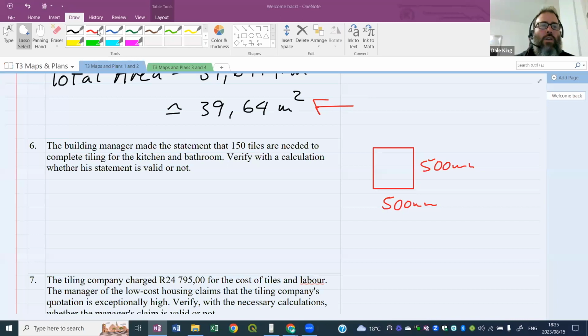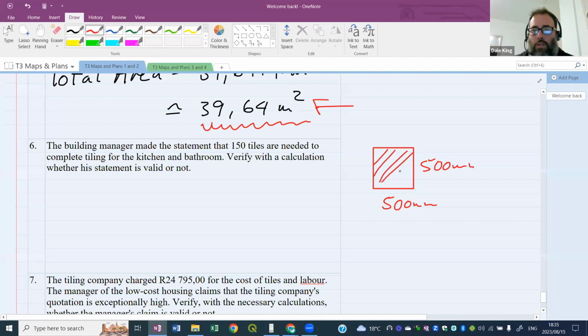And the area for the kitchen and the bathroom is here, 39.64 meters squared. And this is a tile that we're going to use to tile this area. The tile is 500 millimeters by 500 millimeters. They want to know, will 150 tiles be enough? Because someone says it is, we've got to verify if it's enough or not. Will 150 tiles, there it is on the right-hand side, be enough for this area?